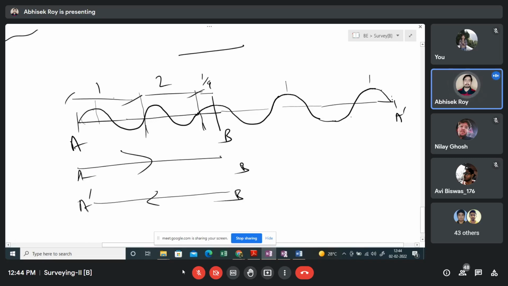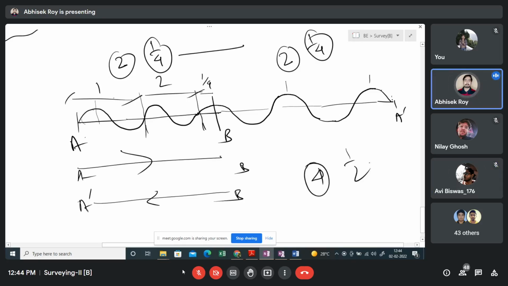Now if I represent this in the same scale, how will it move? When going from A to B it completes 2 full cycles and 1/4 of another cycle. Hence when it moves from B to A again, it will again complete 2 full cycles and 1/4 of a cycle. Is it clear? Yes, sir. So ultimately it will complete 4 full cycles and half part of a cycle. So your n in n lambda will be 4, plus in your delta lambda, this will be lambda by 2. Is that clear?